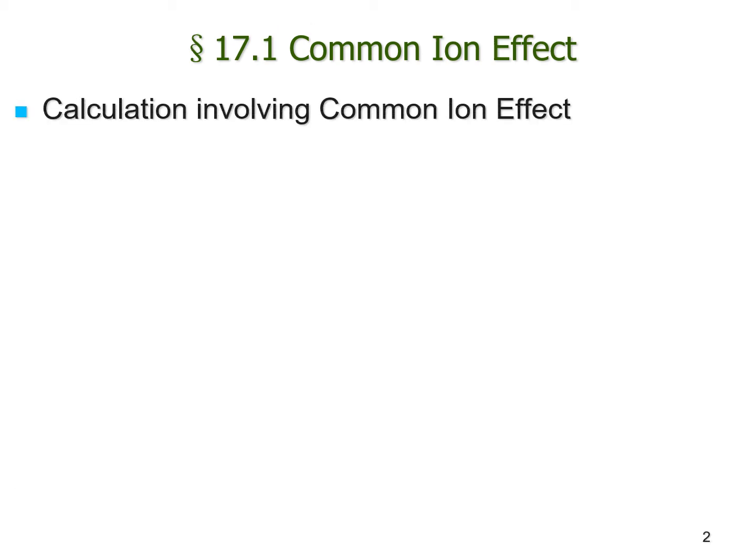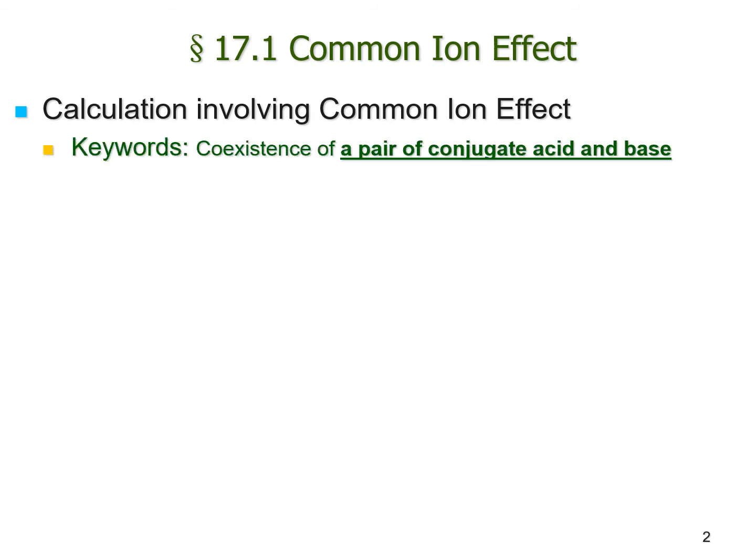Okay, now, how are we going to do the calculation that involves the common ion effect? First, I'd like you guys to realize what kind of keywords we are looking for in this type of calculation. The keyword here is a pair of conjugate acid and base.